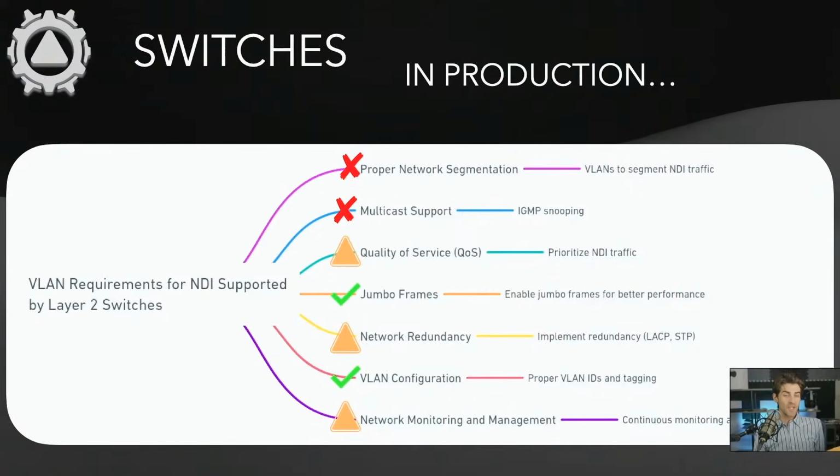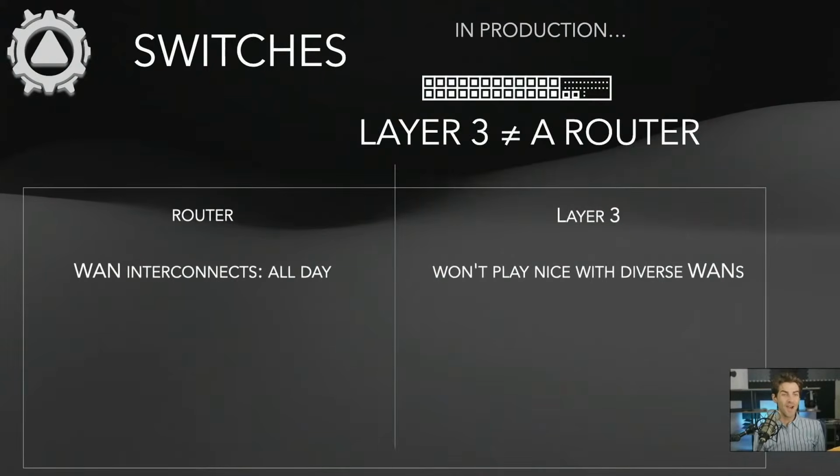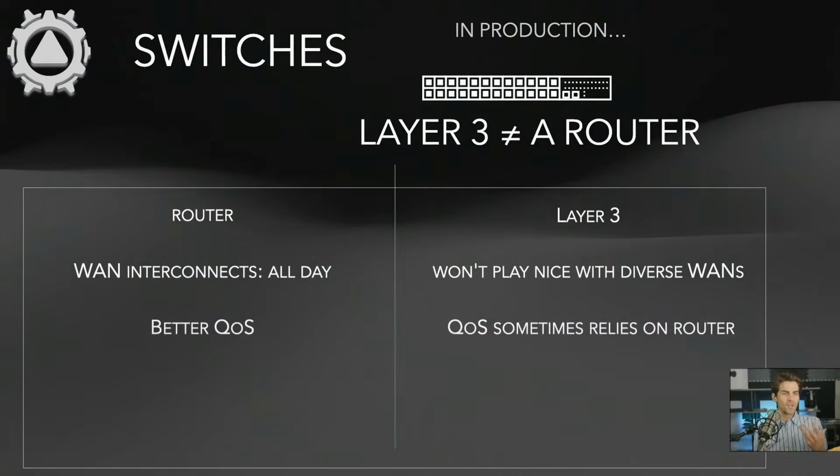Another thing to say about layer 3 switches is that they are not routers. Routers are designed to do WAN interconnects. A layer 3 switch won't play nice with lots of diverse or complex WANs. A router also is built for QoS, and it's built for designing hierarchies of QoS.